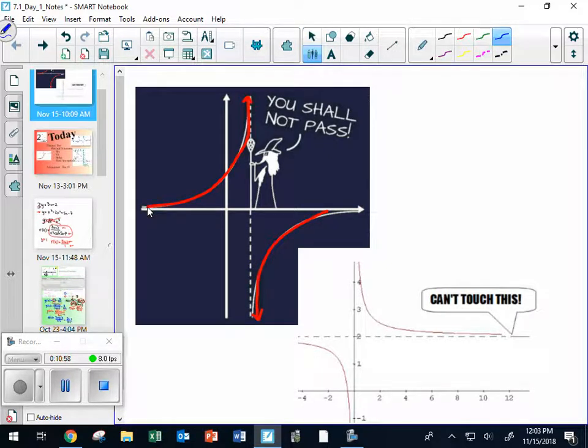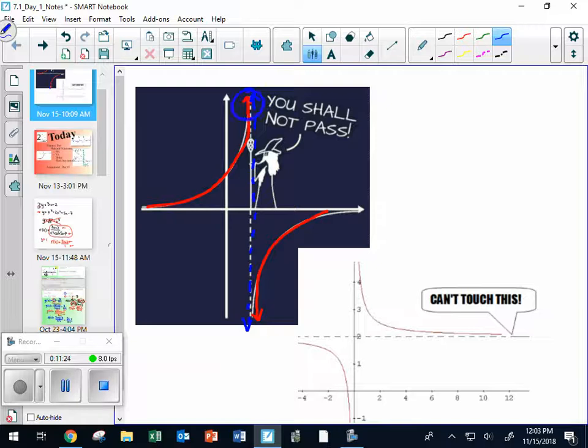If we are looking here, we have this asymptote right here, which is this dotted line. And that's a vertical asymptote because it's vertical. If we have a vertical asymptote, what does that really mean for us? Well, what it really means is if we have a graph and our graph is approaching some vertical asymptote, let's look at what the graph's behavior is.